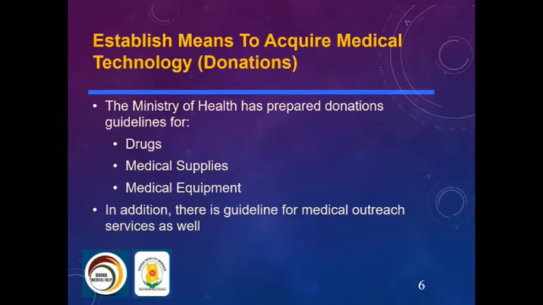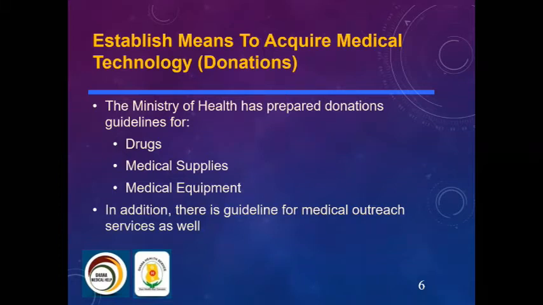These should be based on the existing and approved selective list on drugs, medical supplies, and equipment. So it means that before you handle any donations, all items coming should follow this pattern. So all donated items should appear on the national standard list.